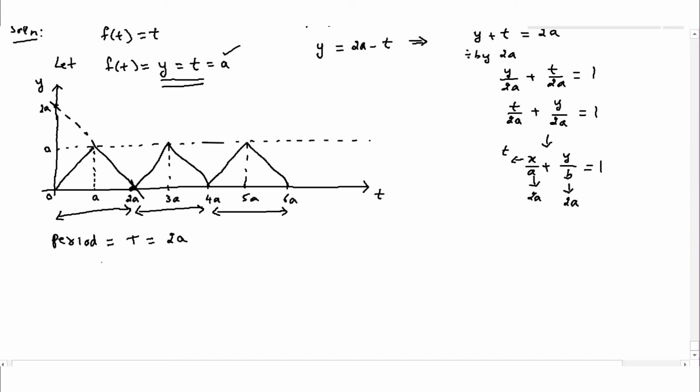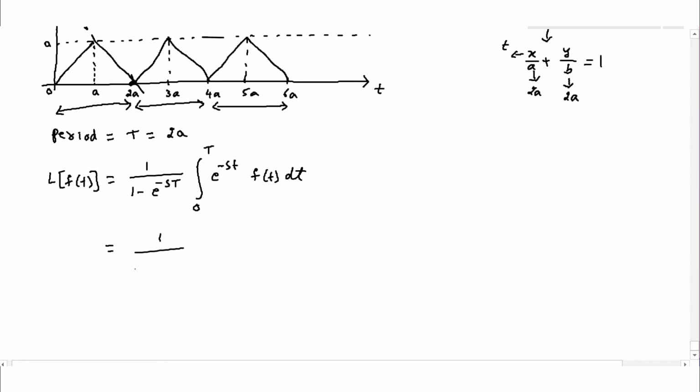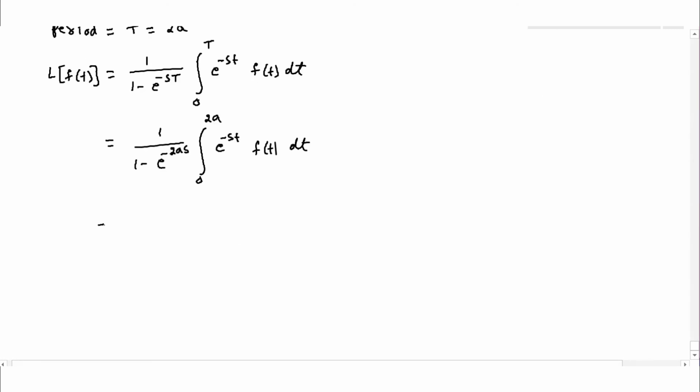So we got T equal to 2a, therefore your Laplace transform L of f of t will be equal to 1 by 1 minus e power of minus sT, integral 0 to T of e power of minus st f of t dt. Rewriting, it is 1 by 1 minus e power of minus 2a s, integral 0 to 2a of e power of minus st f of t dt. Further, splitting the integral for the intervals given in the question, I can rewrite this as 1 by 1 minus e power of minus 2as.